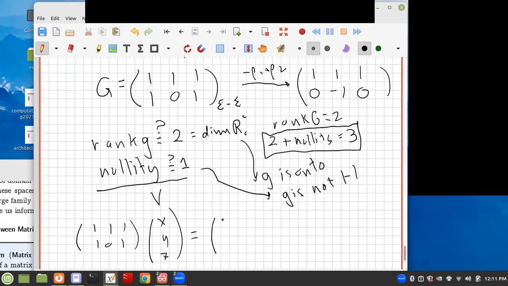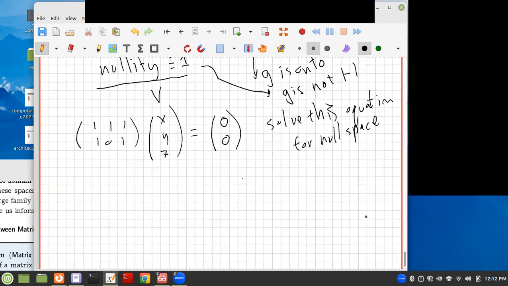So if we choose 0, 0 here, all the vectors here are in the null space. So solve this equation, it's a matrix equation for a linear system. Solve this equation for the null space.